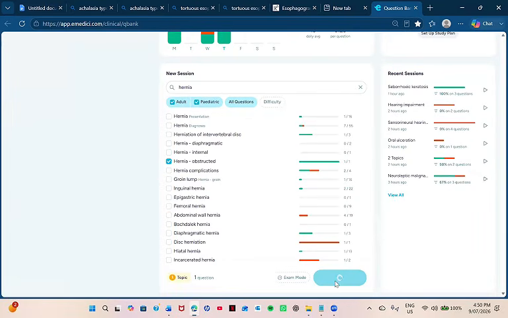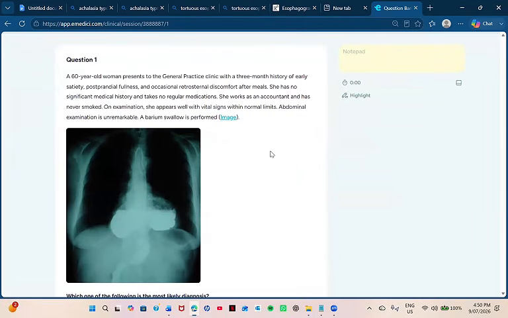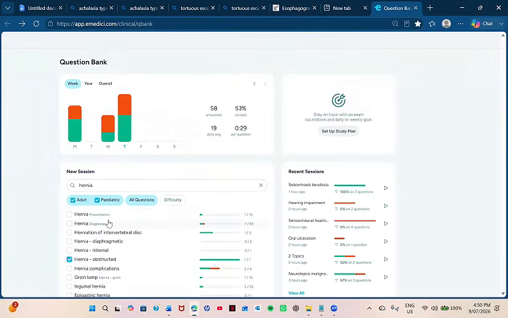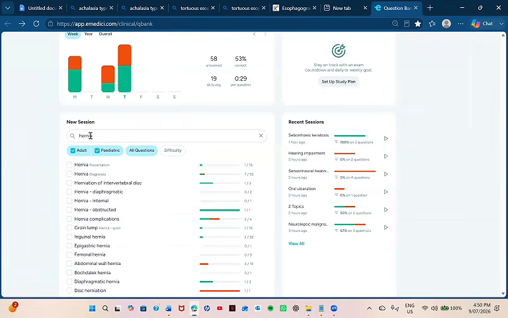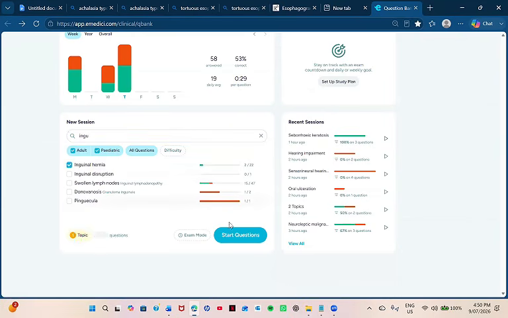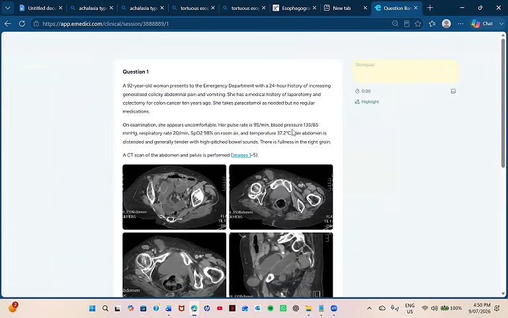Okay, so obstructed hernia. Oh no, not this one. Oh, I think I know. I'm not going to read the whole scenario, but I want to show.